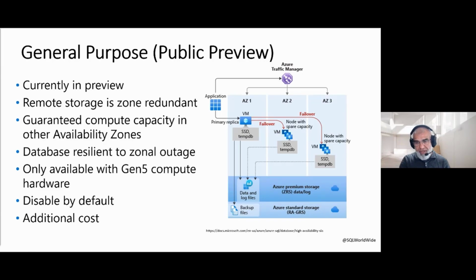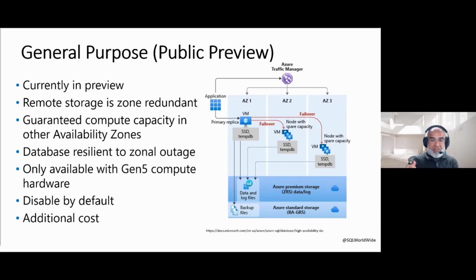It will detach the data and log file and attach it to the new compute, and then you are good to go. And the traffic manager, as you can see in the picture, the application is actually not pointing to your databases at all. The application is pointing to your Azure Traffic Manager, and the Azure Traffic Manager knows where the primary is, and it will automatically redirect you there.